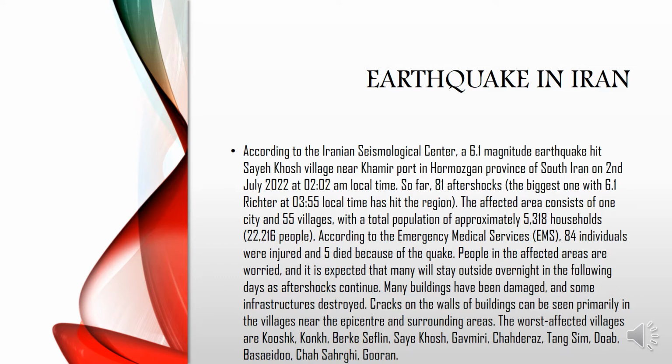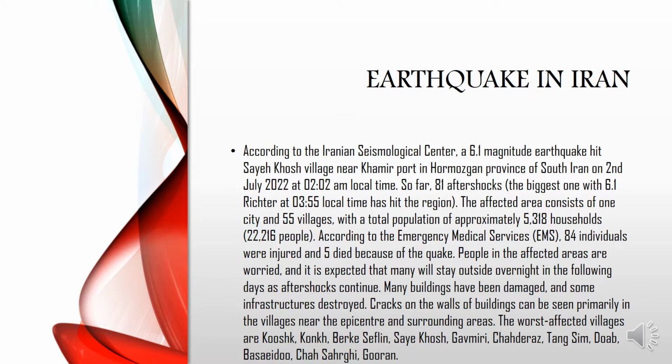That means 22,216 people. According to the emergency medical services, 84 individuals were injured and 5 died because of the quake. People in the affected areas are worried, and it is expected that many will stay outside overnight in the following days as aftershocks continue. Many buildings have been damaged and some infrastructure destroyed.